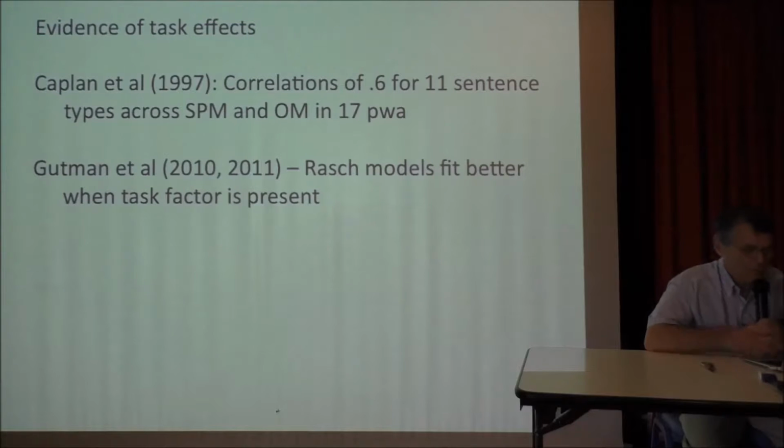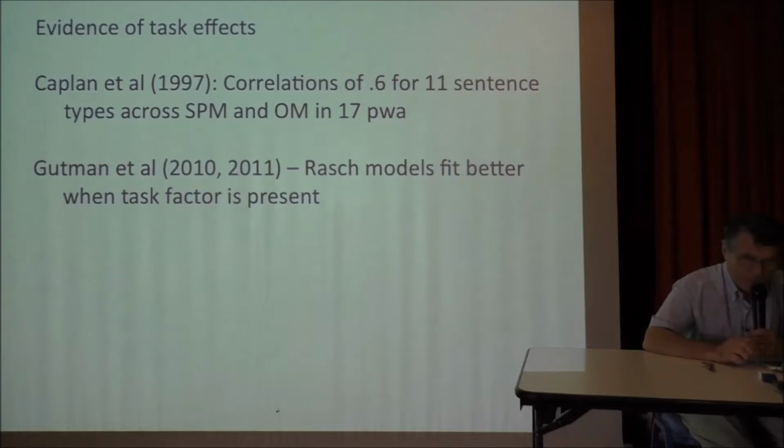In 2010 and 2011, my colleagues and I, Roy Gutman, did a complicated set of Rasch models of sentence picture matching and enactment data that we had with 11 sentence types, with 10 examples of each sentence type.